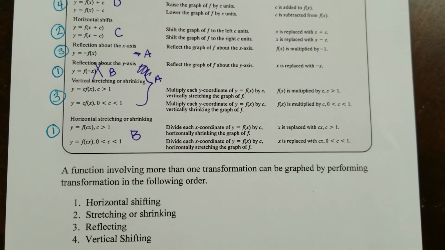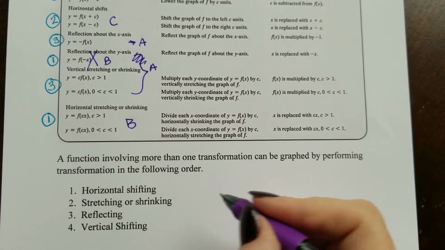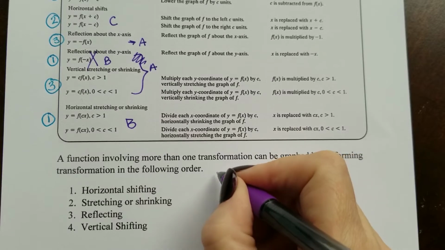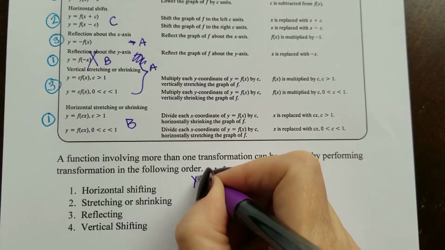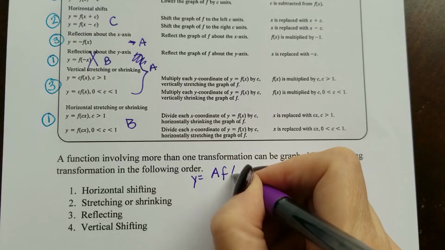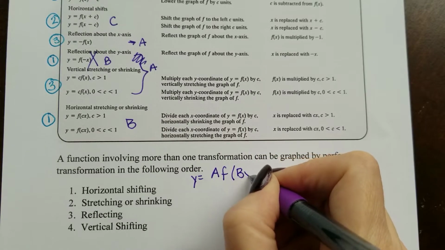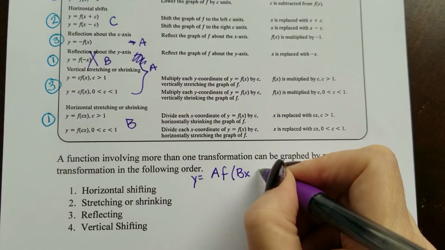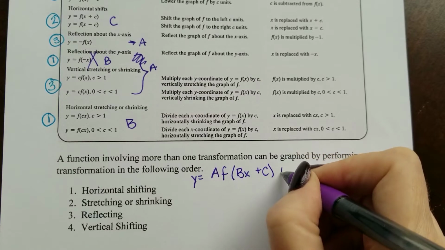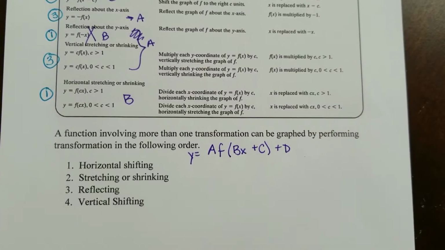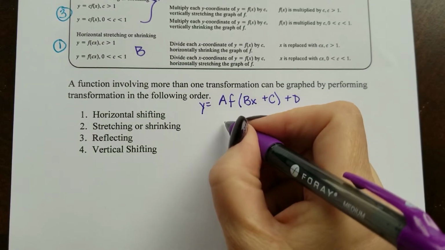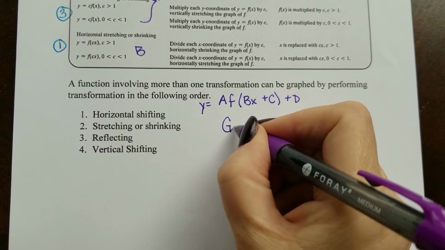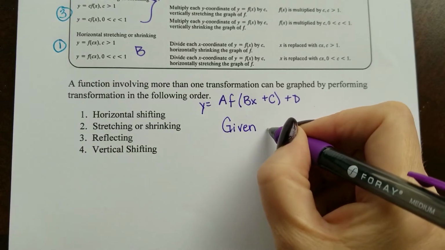Now there is a little bit of a cheat that we can do. We're still going to be doing this y equals a f of (bx plus c) plus d. But we can do that by just manipulating some of the given points.